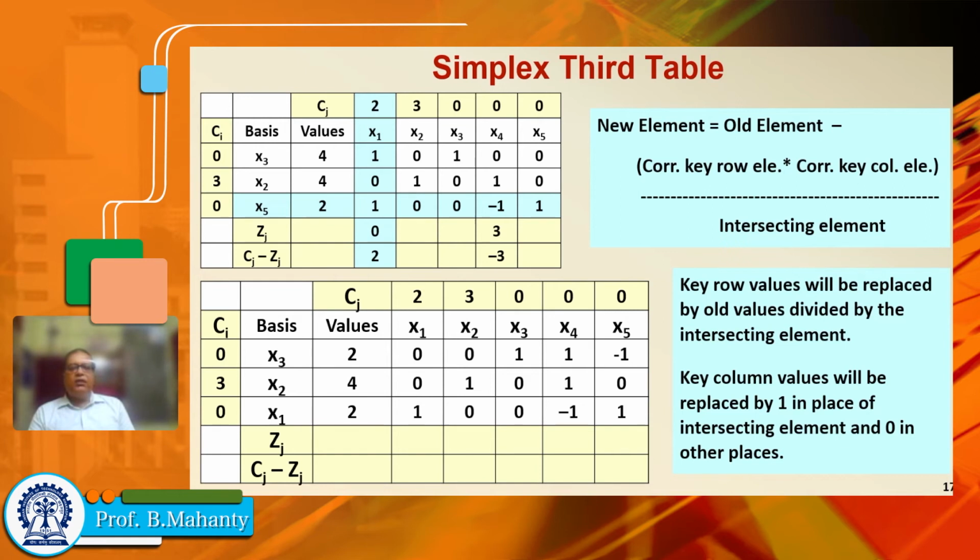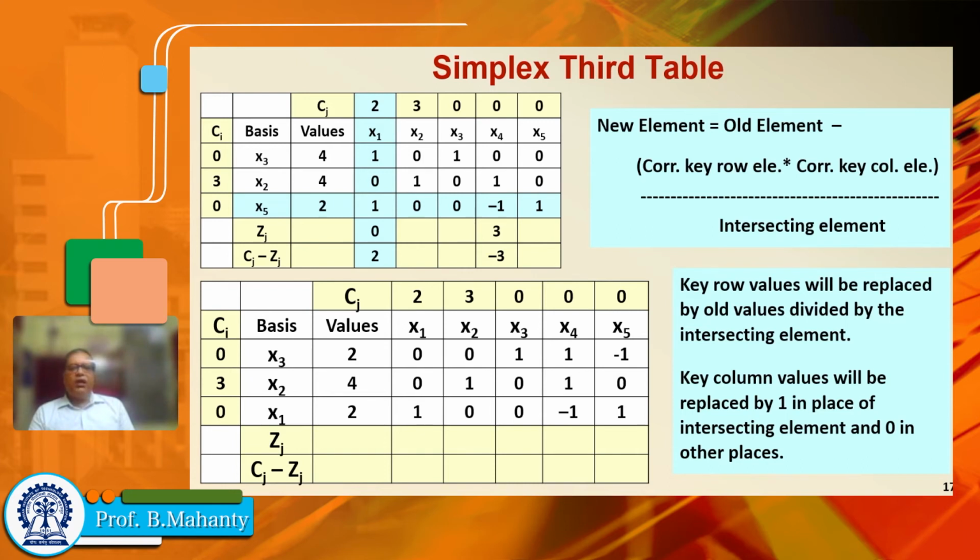How to calculate? Look here, this is 0. So 0 minus 1 into 1 by 1, so it will become plus 1. How much will this 1 become? 1 minus 1 into 0 by 1. So it remains 1 because of a 0 here. Anything with 0 becomes 0, so no change to the value.